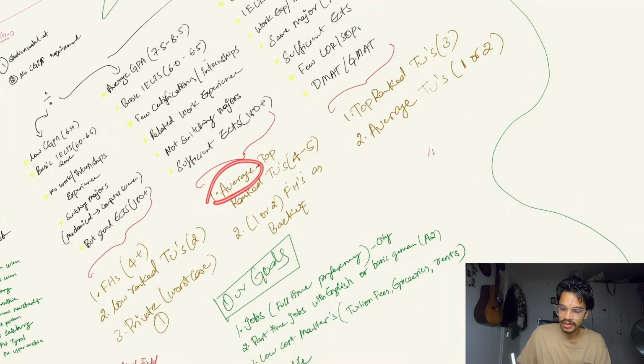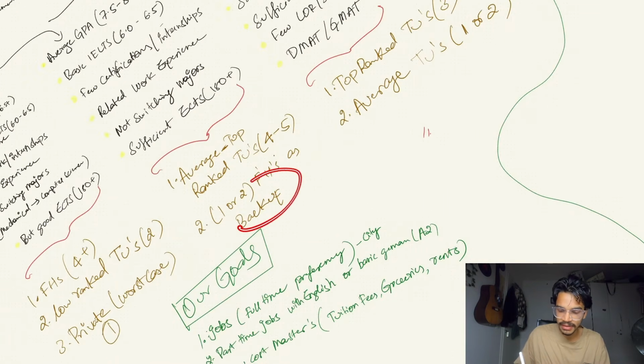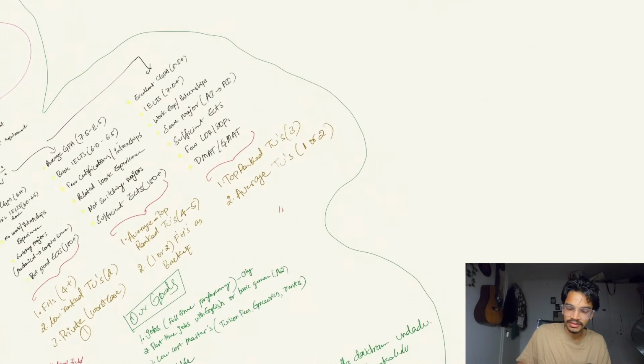For the average profile, you can apply for top-ranked universities, 4 or 5 universities, and as a backup, you can apply for 1 or 2 FH. And for the good profile, you can apply directly for the top TU universities and you will basically get in.